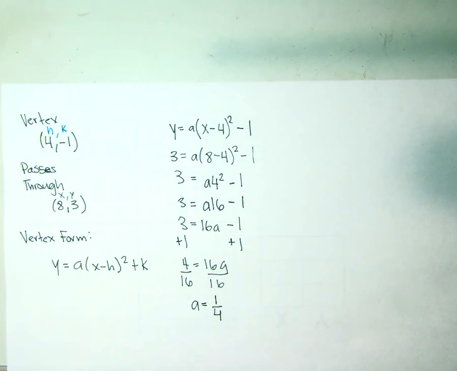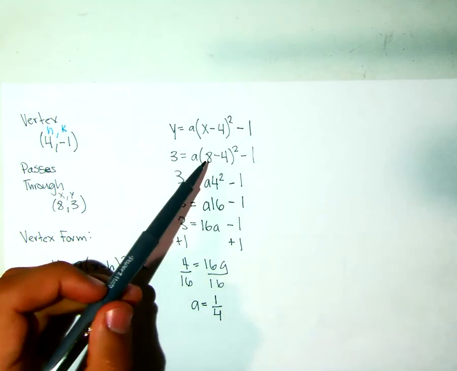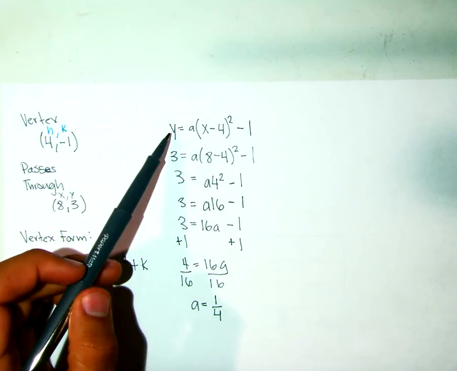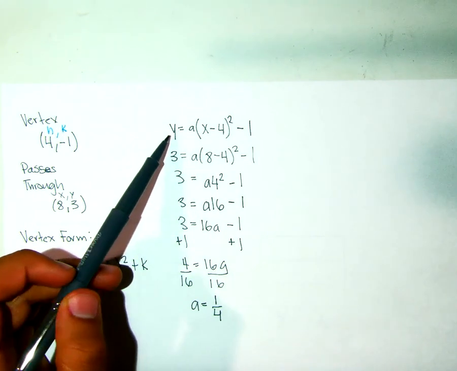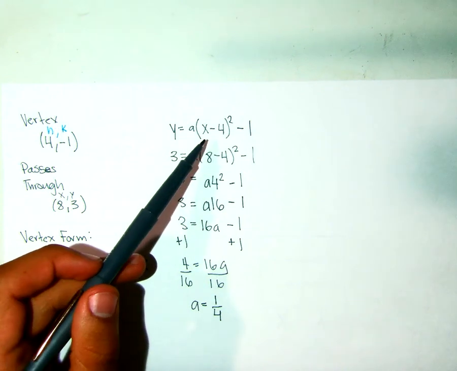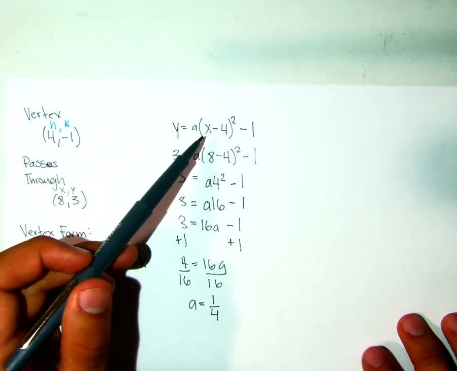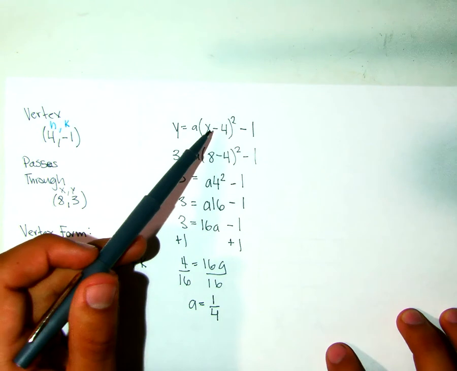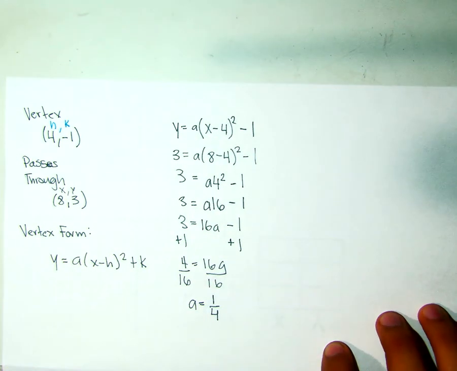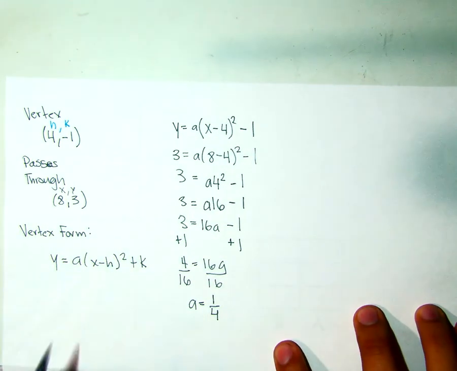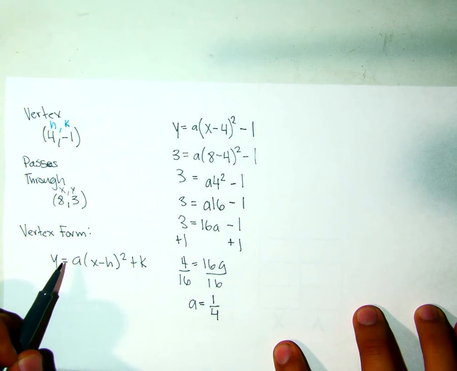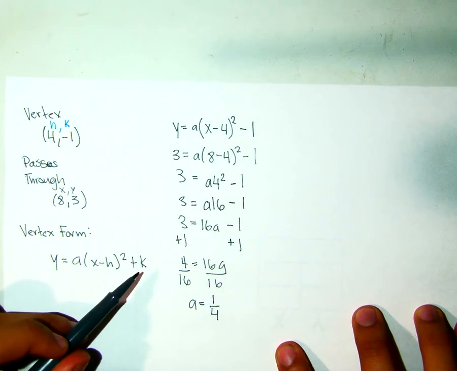So when we normally write an equation, we don't plug in numbers for the variables. We write it with y and x. We keep the variables when we write an equation. If we plug in for the variables, we get a point. We want the whole parabola. So all we're going to do is plug in the a that we just found and the h and the k that we plugged in earlier.